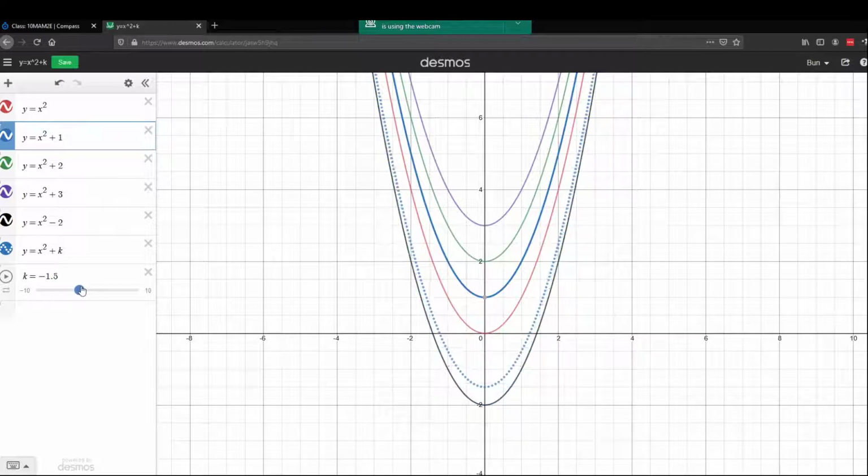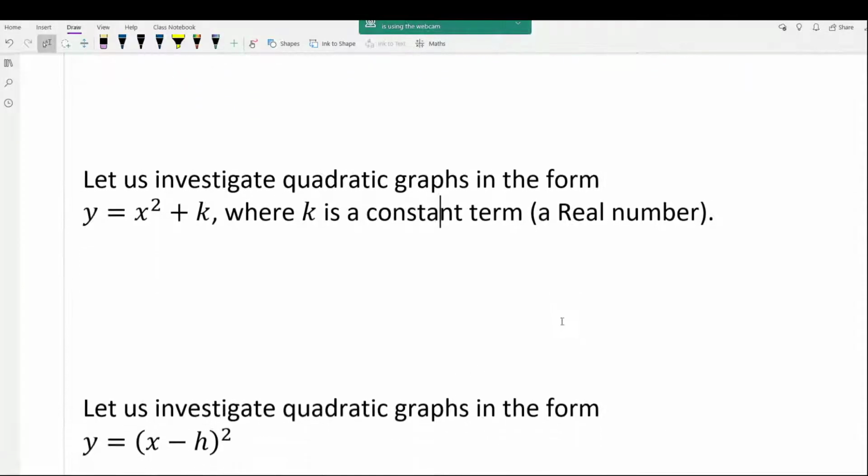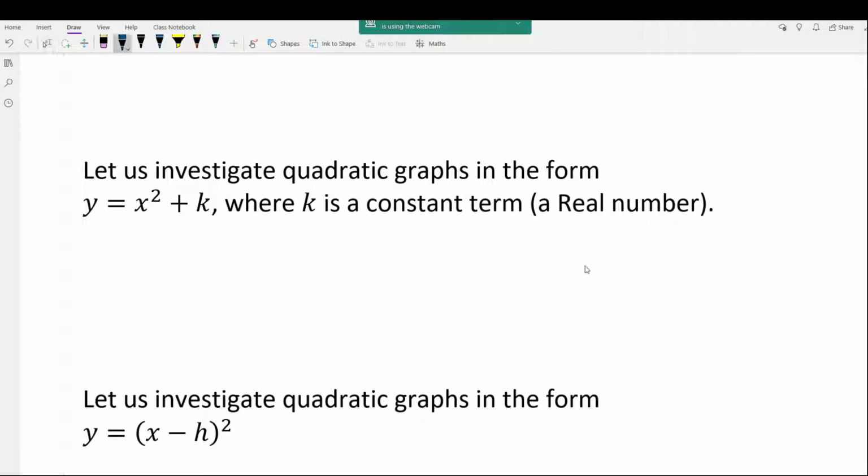So the constant term at the end just shifts the graph up or down in the y direction. Let us make a note here.